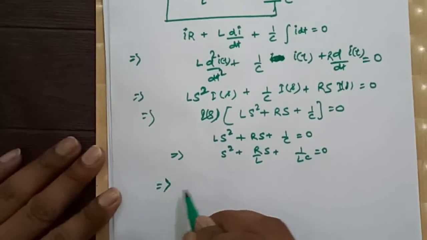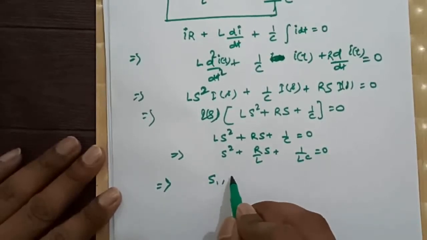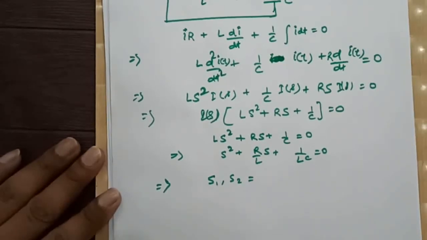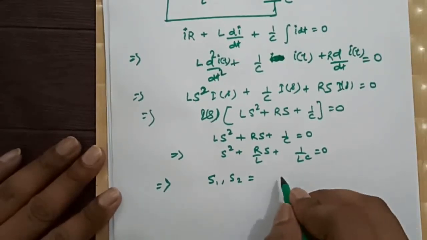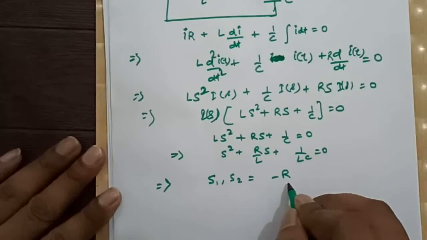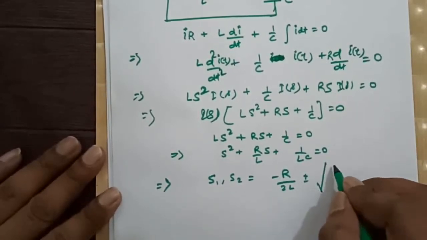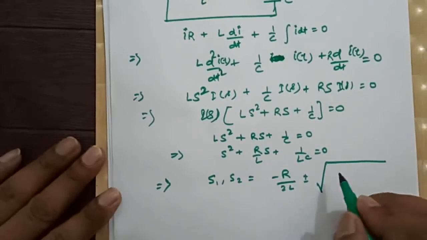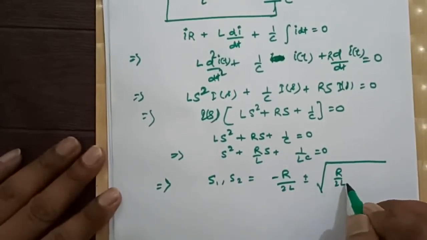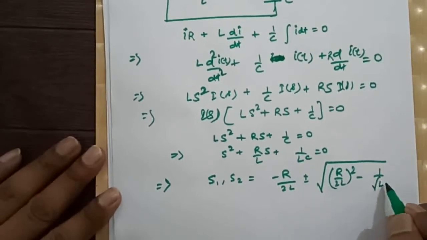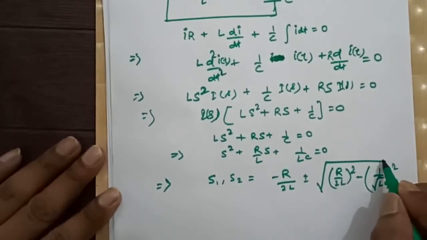So its roots will be, let us say, s1 and s2. What will be s1 and s2? This will be nothing but minus of R by 2L plus or minus square root of R by 2L whole square minus 1 by LC.